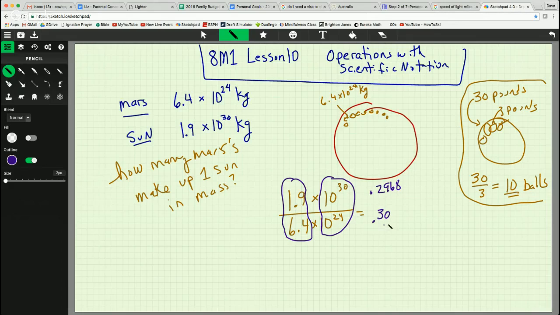But if you round that to 2 digits, you get 0.30 times 10 to the 6th. 30 minus 24 is 6. But again, the problem here is this is not in scientific notation, so we have to convert this into scientific notation.